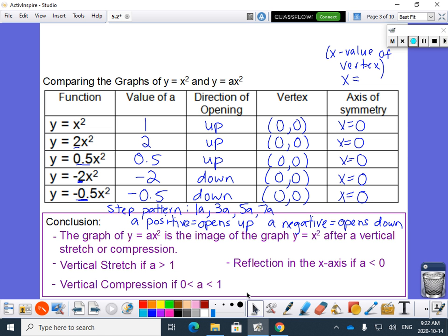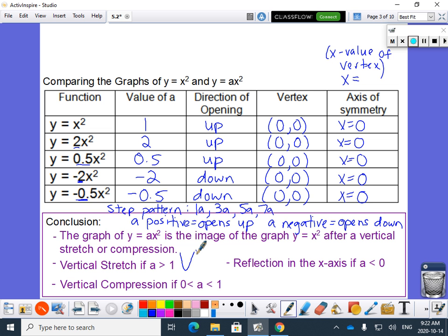So when you have 2, 3, 4 as your a value, that is when we know that a vertical stretch is happening. That looks like, remember, our parabola looked more like that.